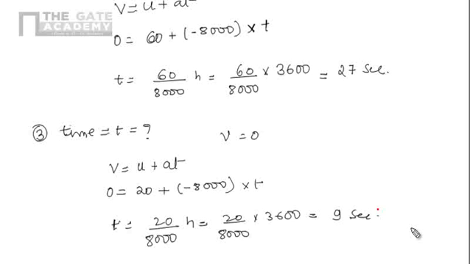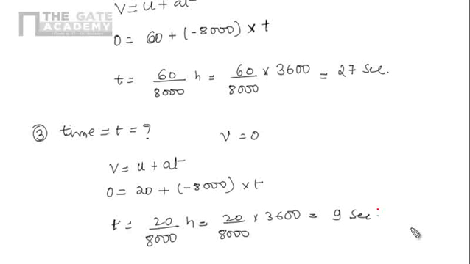So the time in part 2 and time in part 3 is different. In part 2 it is coming 27 seconds, and in part 3 it is coming 9 seconds. So these are the two different times. Here in part 2, the time taken by the train when the velocity will decrease from 60 km per hour to 0.